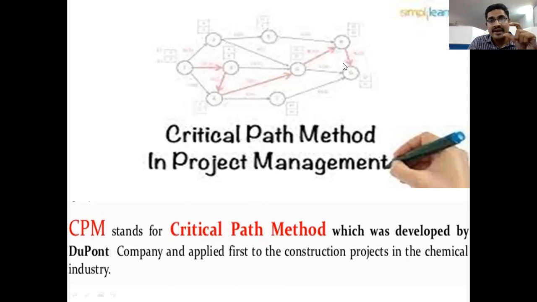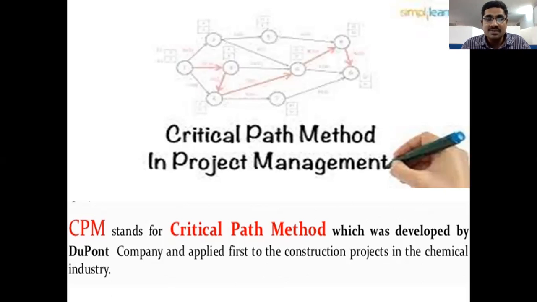For contracts, we have 2 types of network diagrams like this one. The first one is CPM and the second one is PERT. The PERT diagram and the CPM diagram are the 2 techniques to know the total project completion time, the total activities, the preceding activities, critical activities and non-critical activities, and the total project duration in a simple manner.